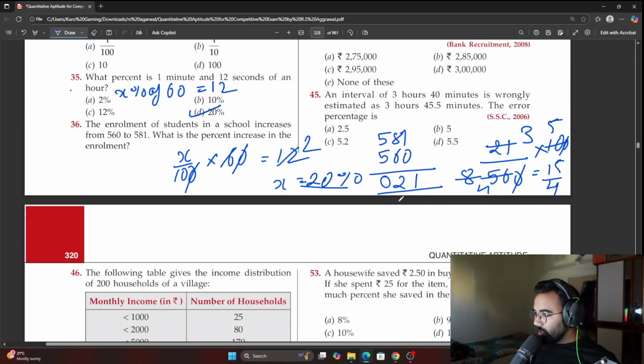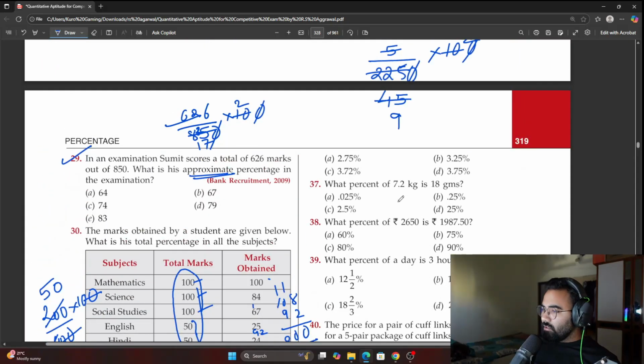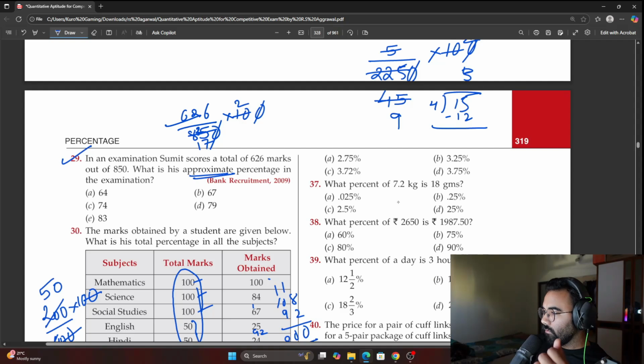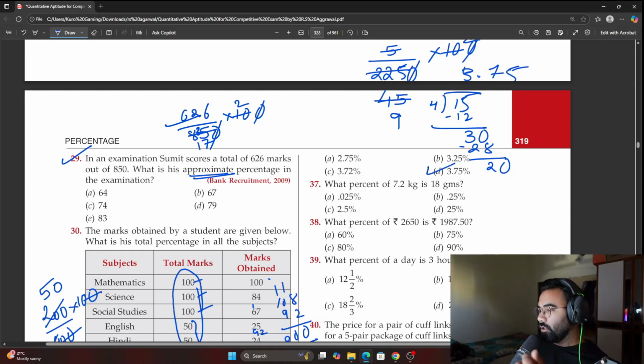Now since I've done it, let us check. 15 divided by 4. So this should give you 4 3s are 12. So that should be 3, then 0, then decimal. 7 4s are 28, 4 5s are 20. So it should be 3.75.